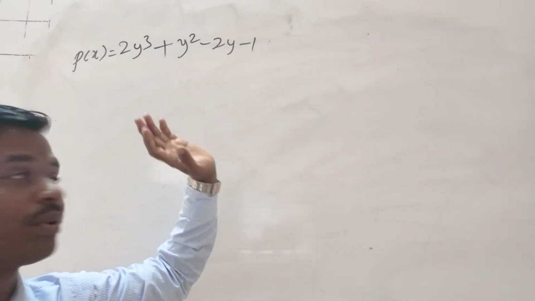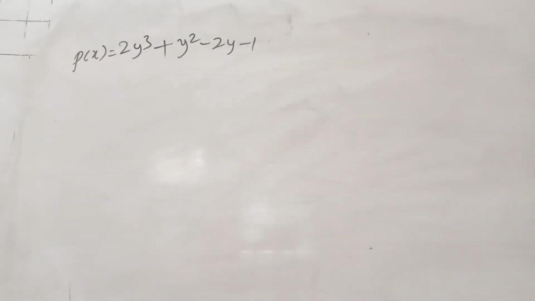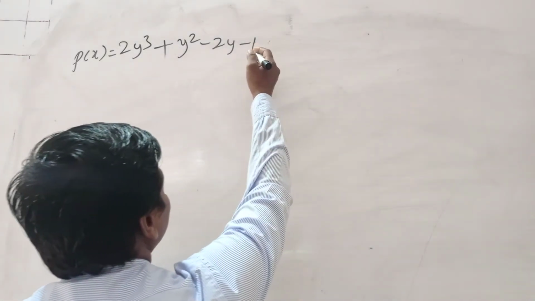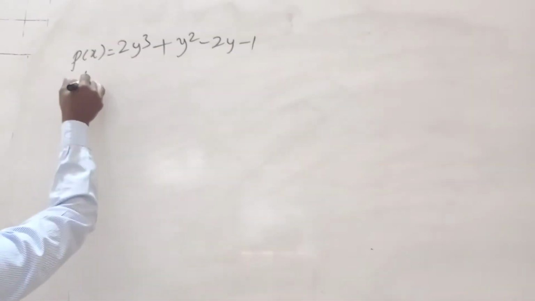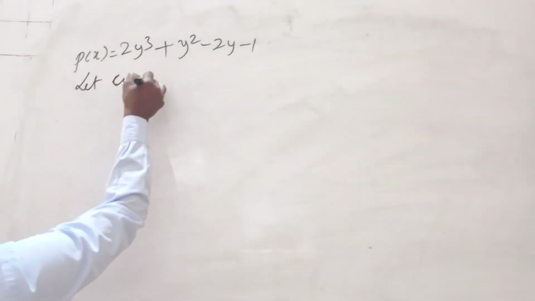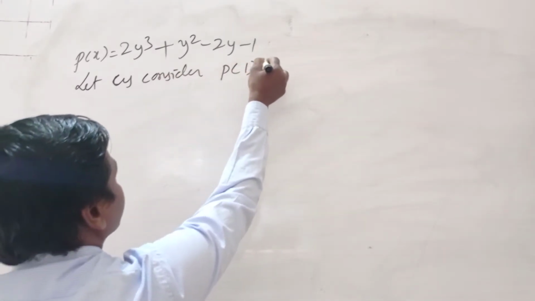Here also we can consider the last term, minus 1 is there. Minus 1 means we can consider p of 1. Let us consider p of 1.